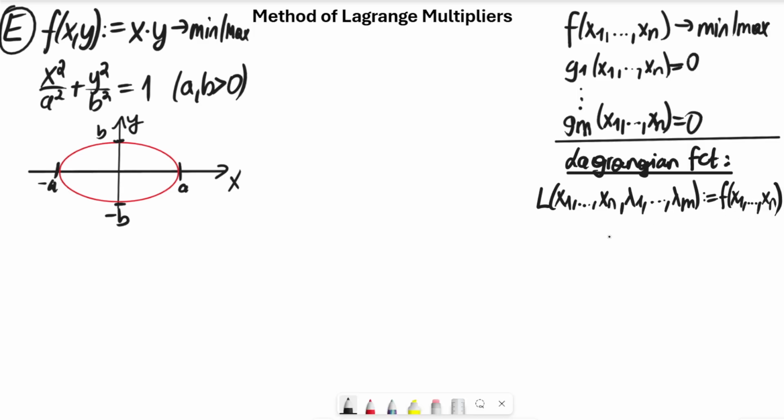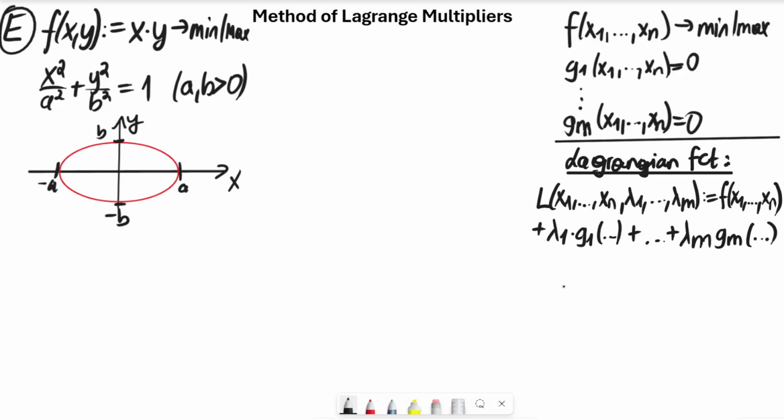The function itself plus the introduced parameters: lambda 1 times the first constraint equation, depending on x1 to xn, plus up to lambda m times the last constraint equation. So you will see later why this works.